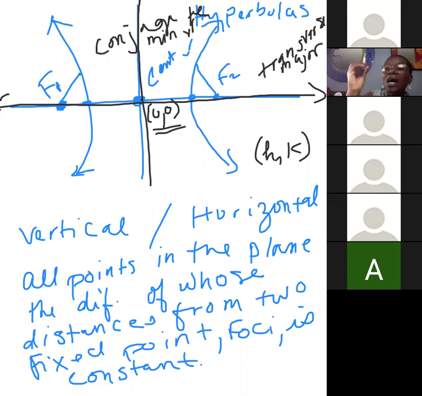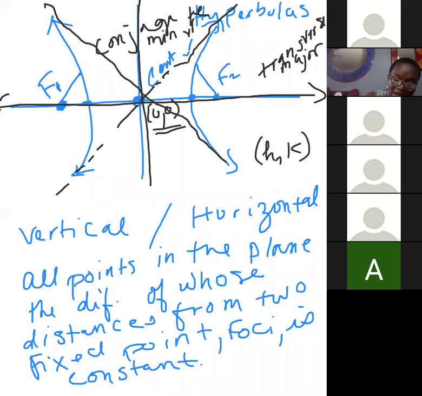Now, additionally, when you sketch the graph of these hyperbolas, they are ensconced between these two diagonal lines here. And these two diagonal lines here, guys, okay, that you are drawing the hyperbolas in between. Anybody care to guess what they are called?